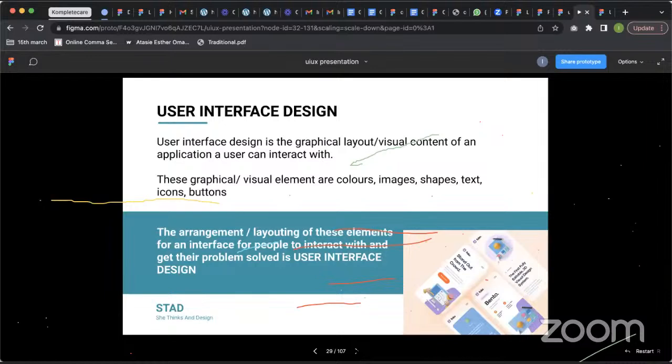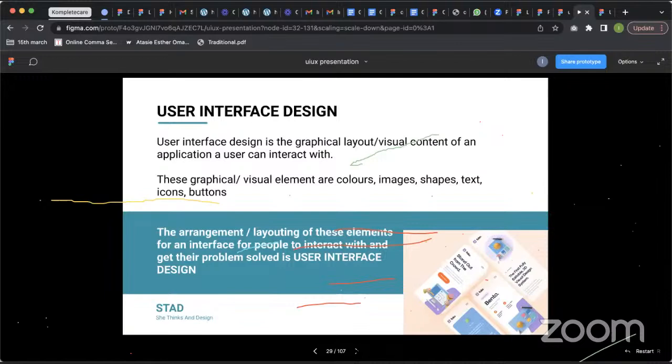This is going to be treated in the next class. You can open an application and you see the colors, the image, the shape, the text, the icon. Those things that you see are interface design. So user interface design has to do with those designs that your users see while using your application.